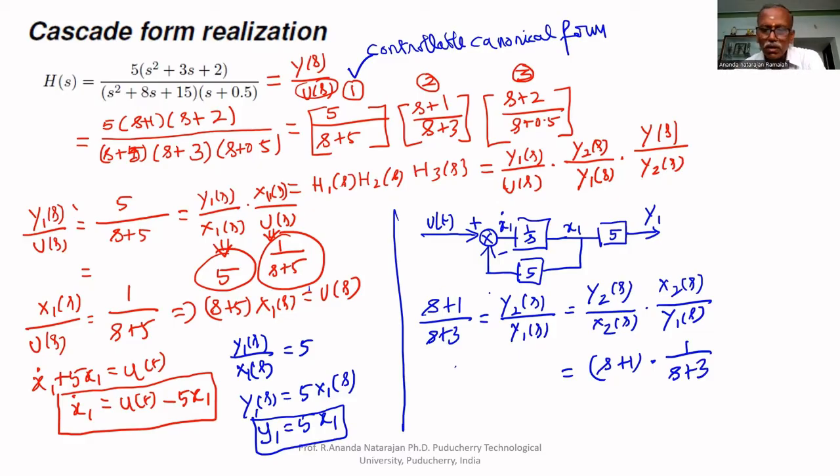Now consider X2 of S upon Y1 of S equal to 1 by s plus 3. This implies s X2 of S plus 3 X2 of S equal to Y1.